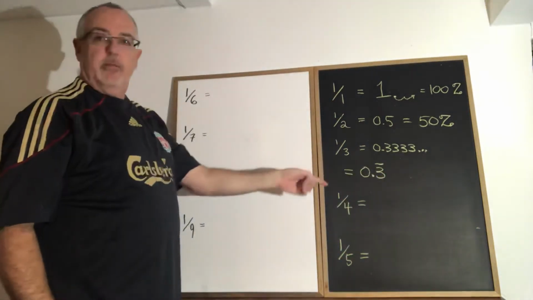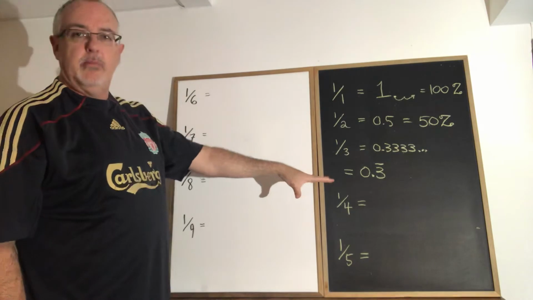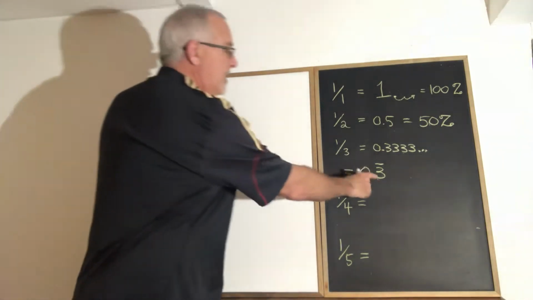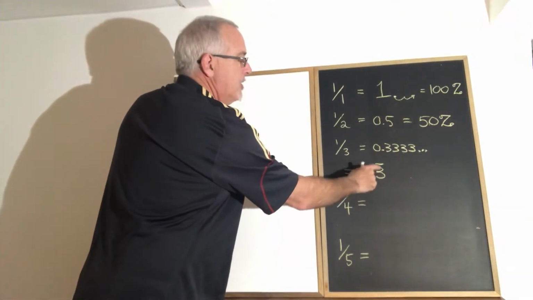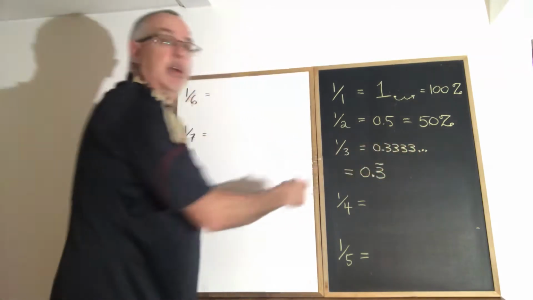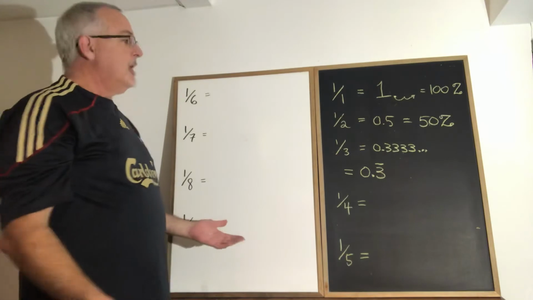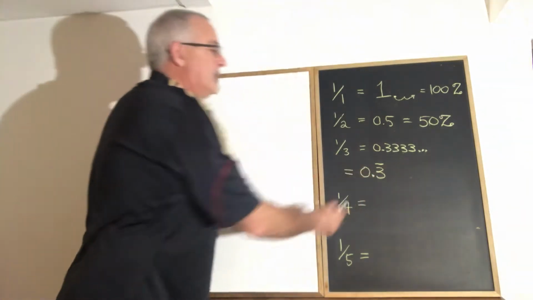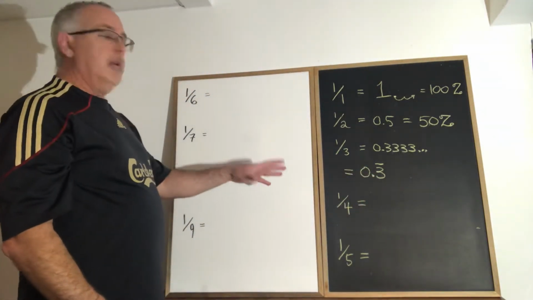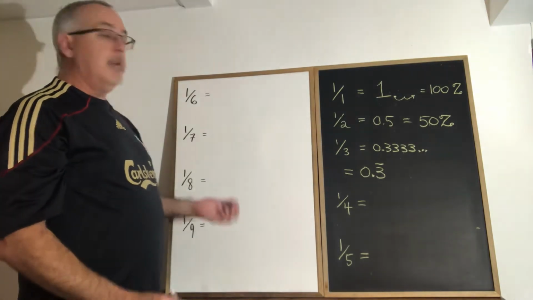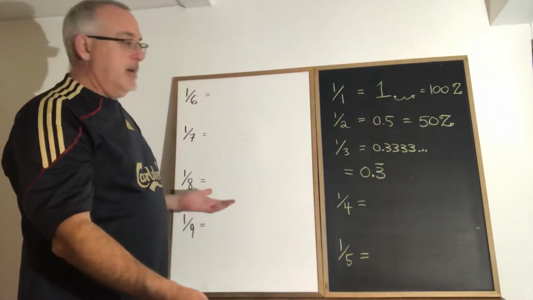And this line over the 3 shows what part of the number keeps repeating. So we learn to read this and realize, oh, if we have this, it means we have that. Because these 3's keep repeating forever, and it's impossible to write it down. So 0.3 repeating is a useful little shorthand that allows us to correctly write the number without writing forever.